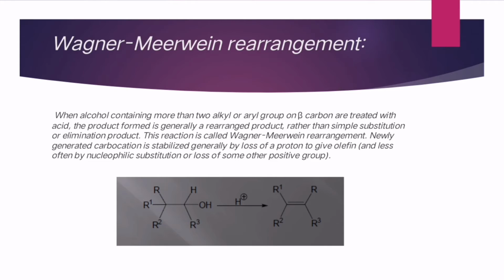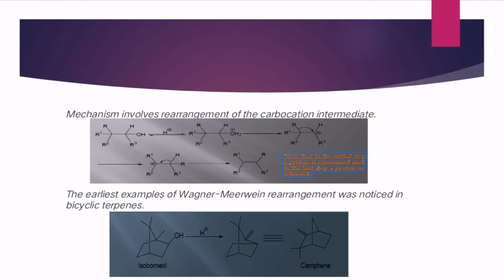This secondary carbocation is going to undergo the rearrangement, and this alkyl group, which is simply R, is going to migrate from position 1 to position 2, and after that deprotonation is going to happen, which will result in the formation of an olefin. The mechanism involves the rearrangement of a carbocation intermediate.